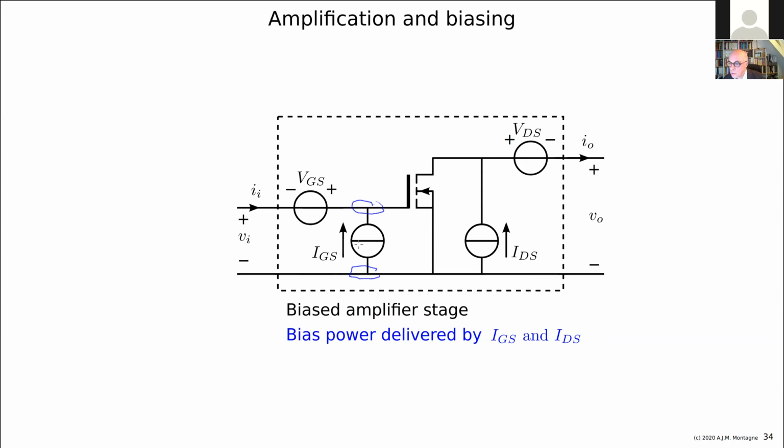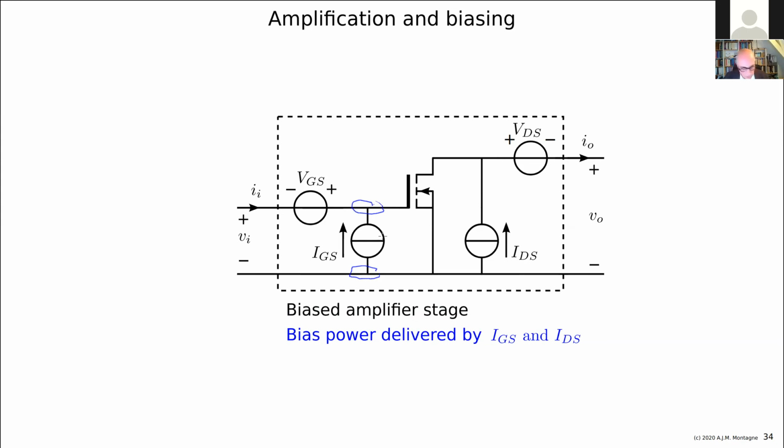But the current flows from negative to positive, which makes the product of current and voltage, branch current and branch voltage, negative, which means this device is delivering power. That's the definition of an active device. The definition of an active device is that it delivers power, so the product of voltage and current is negative.